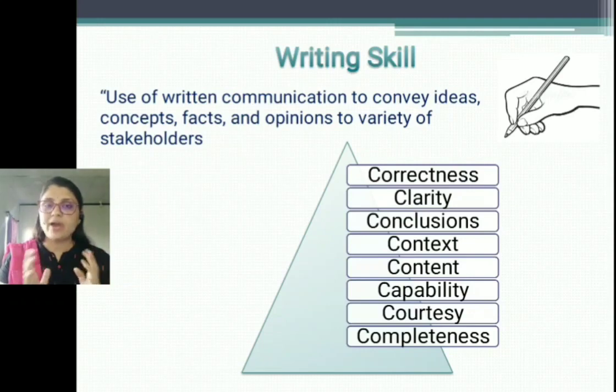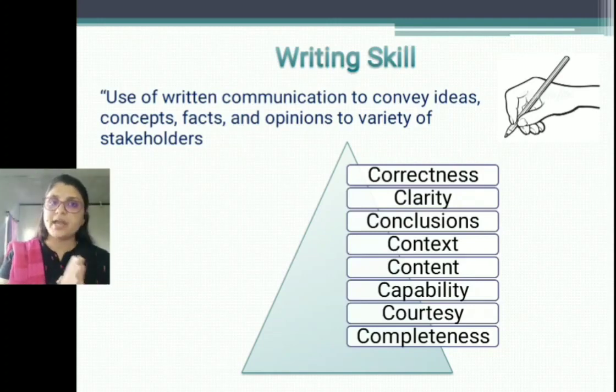While writing any technical or non-technical report, what should the entrepreneur keep in mind? The first point is correctness, second clarity, third conclusion, fourth context, next content, capability, courtesy and completeness.